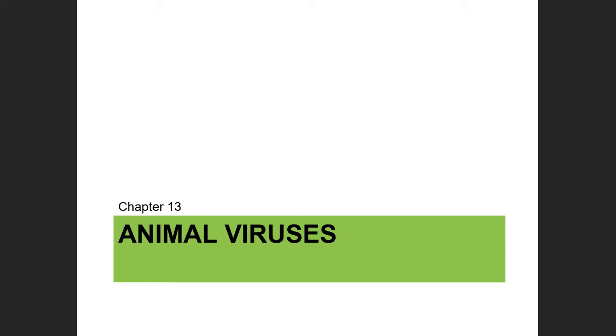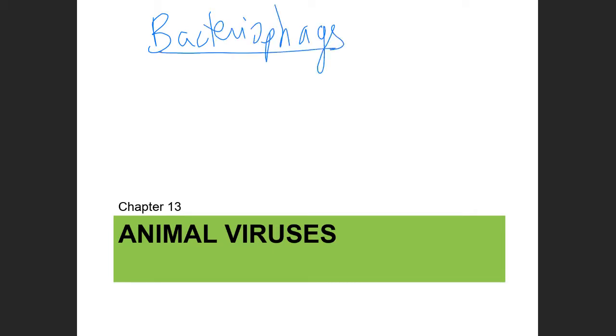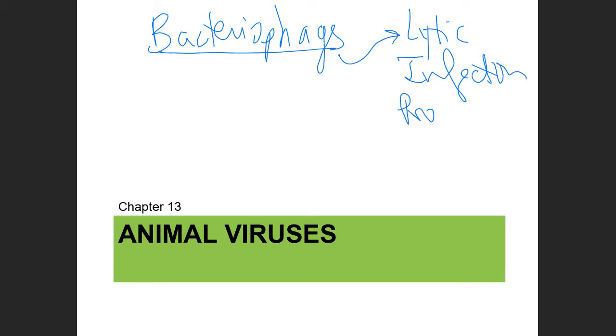Then we also went over bacteriophages, which are the viruses that affect bacteria. And we talked about the two mechanisms that bacteriophages can use to infect bacteria. So we can have a lytic infection, which is productive, meaning new viral particles will be produced.